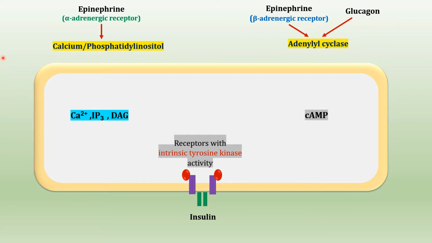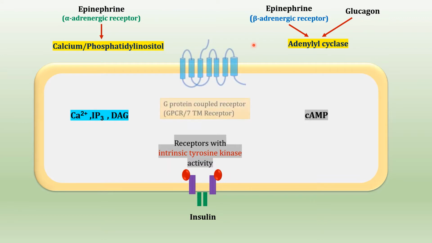Both the adenylyl cyclase and calcium phosphatidylinositol pathways act through G protein coupled receptors. These G protein coupled receptors are also called 7 transmembrane receptors or serpentine receptors. They have one extracellular domain for binding with the hormone, 7 transmembrane domains, and one intracellular domain which interacts with G protein.